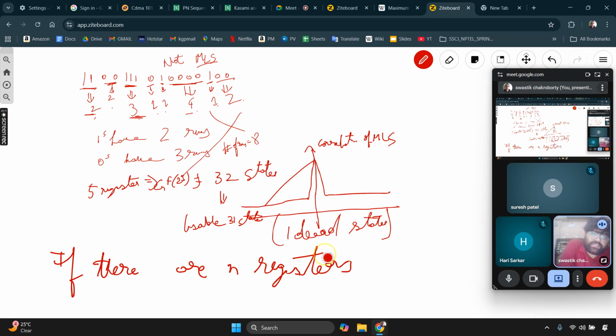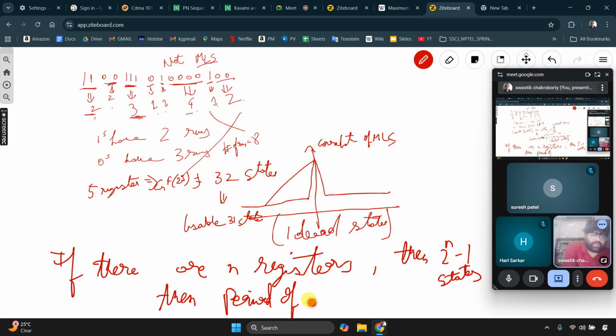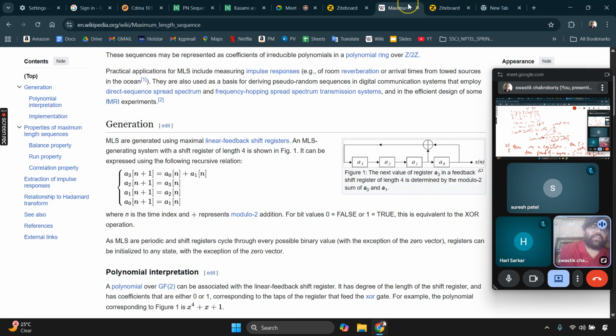If there are n registers, then 2 to the power n minus 1 states, then the period of the maximal length sequence is equal to 2 to the power n minus 1 clock pulses. So the sequence will repeat itself after 2 to the power n minus 1 clock pulses.